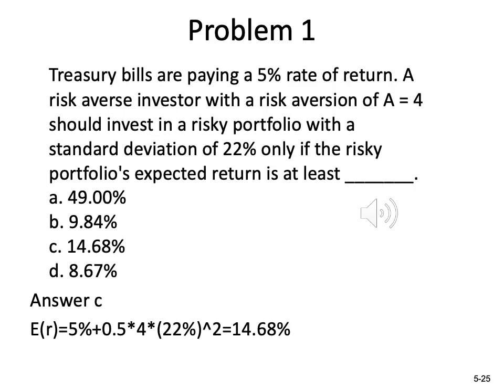We plug in all the numbers in our formula, so the expected return of the portfolio should be 5% risk-free rates plus 1/2 times risk aversion level 4 times sigma p squared, which is 22% squared. The final number is 14.68%. It means the risky portfolio should offer at least 14.68% for this investor to invest.